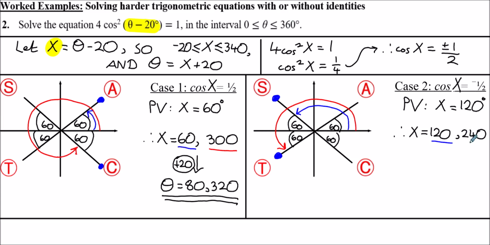So it's tempting to stop there and think you've done all the hard work, but just remember, we're wanting an answer in terms of theta. So again, reminding ourselves that theta is x plus 20, we add 20 onto both of these values, then we see there that theta must be 120 plus 20, which must be 140, or 240 plus 20, which is 260.